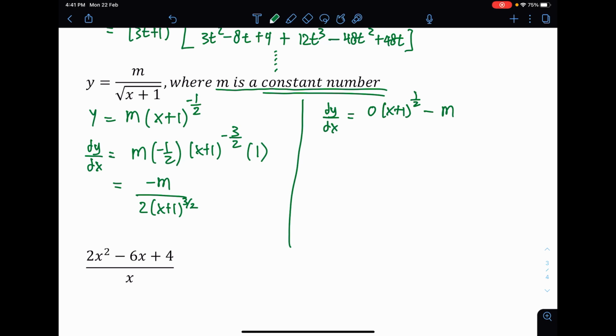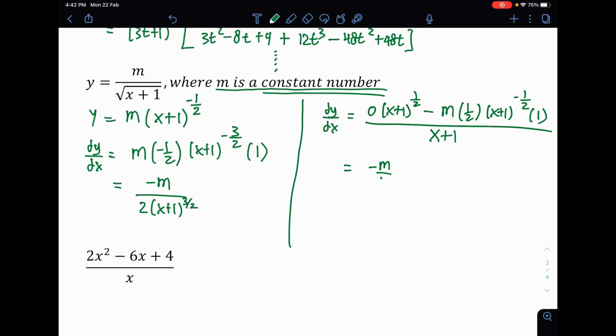Well, that technically means that I'm going to differentiate the x plus 1 power of half. So the half comes, and then x plus 1 power of negative half multiplied by 1. Then divided by x plus 1. Hence I get negative m over 2 divided by x plus 1 power of 3 over 2.